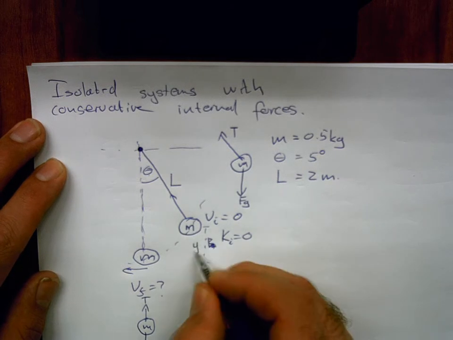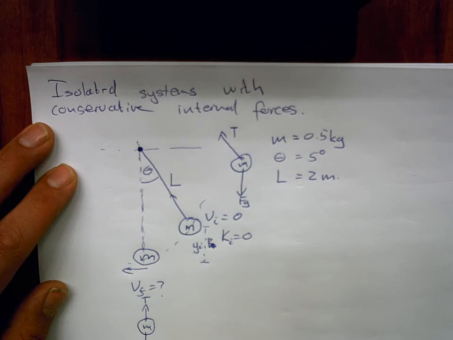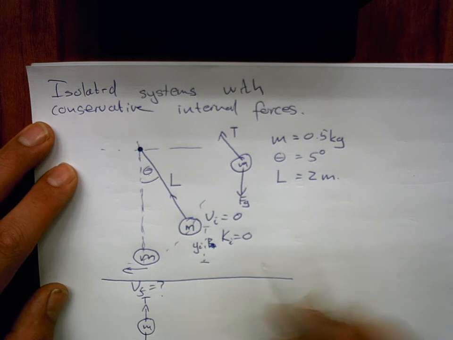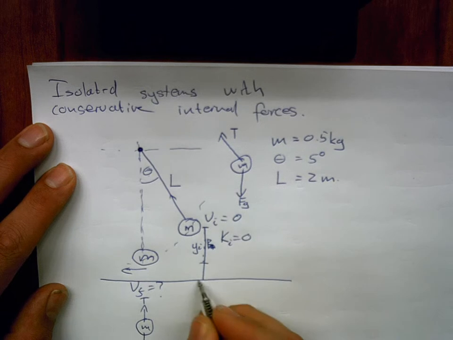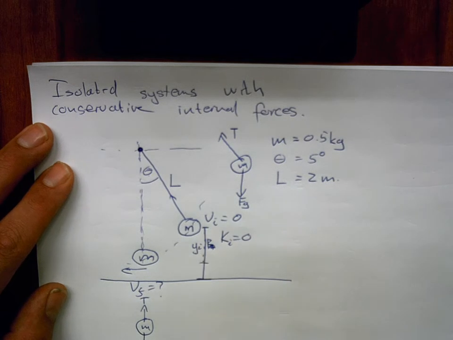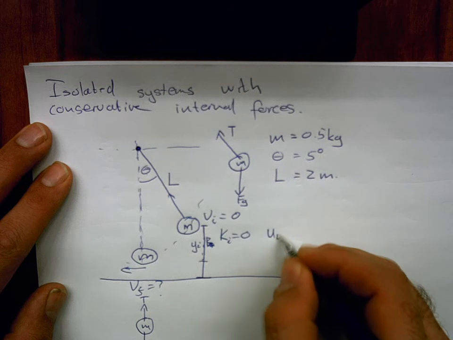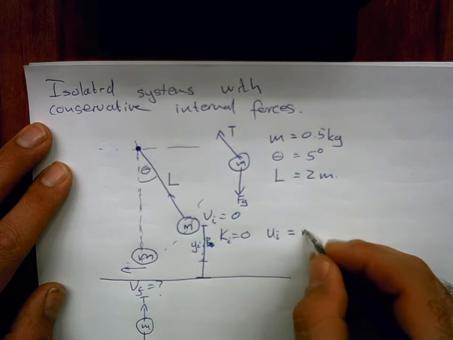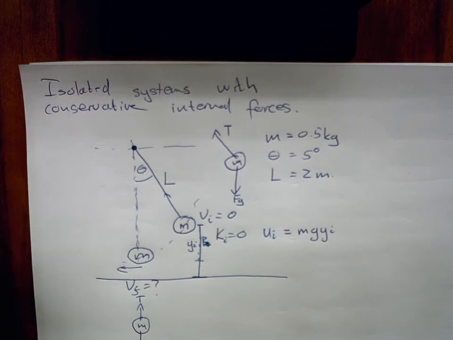Let's just say this is its initial position, and let's say the surface of the Earth is somewhere over there. So this is its position above the surface of the Earth, y initial. So its potential energy initially would be m times g times y initial. So it's got no kinetic energy, only potential energy.